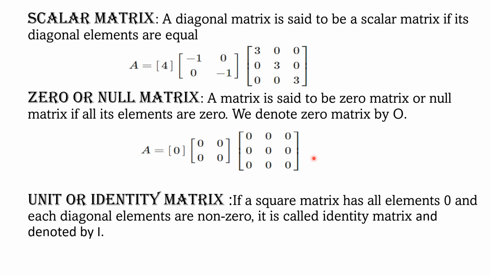Next, unit or identity matrix. In the unit matrix, all the non-diagonal elements are 0 and each diagonal element is non-zero, so it is called an identity matrix, and it is denoted by I. If a square matrix has all non-diagonal elements 0 and each diagonal element is non-zero, it is called an identity matrix.